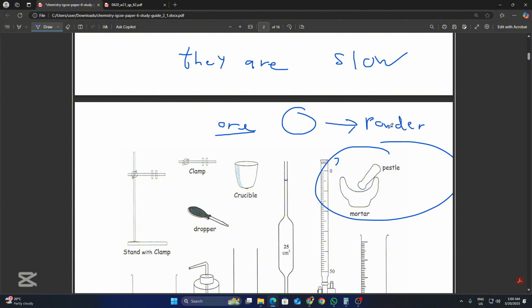And I will show you an example of an experiment that will implement this. If you want to crush an ore into a powder, you have to use pestle and mortar. So if you write in your investigation, crush the ore or the rock using pestle and mortar, that will get you an automatic 2 marks.